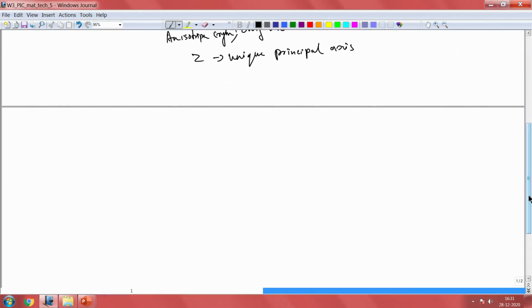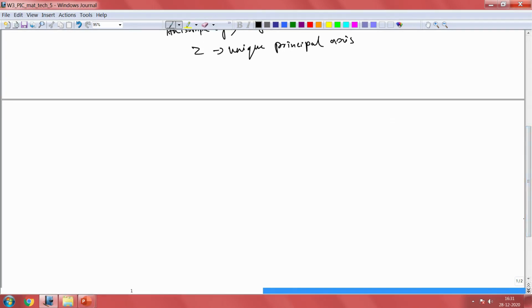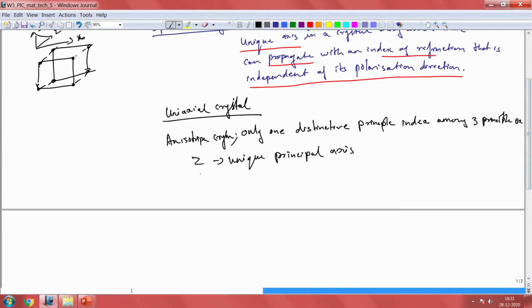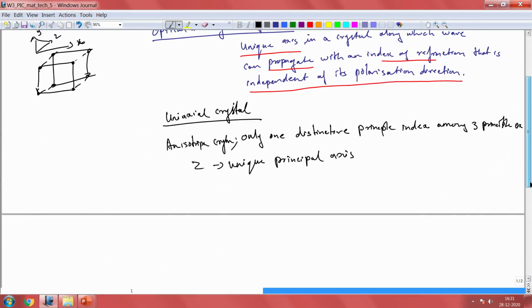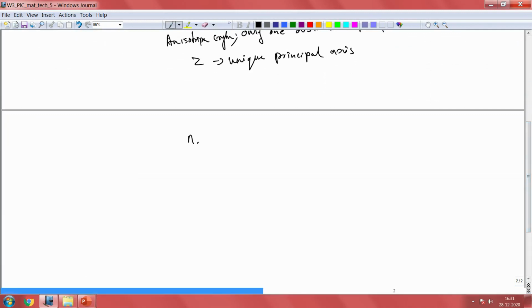All right. Once we are given the unique axis Z, the identical principal indices of refraction are called ordinary and extraordinary. Once we define Z as the principal axis, we can now define the others. So, let us look at Nx, Ny and Nz.